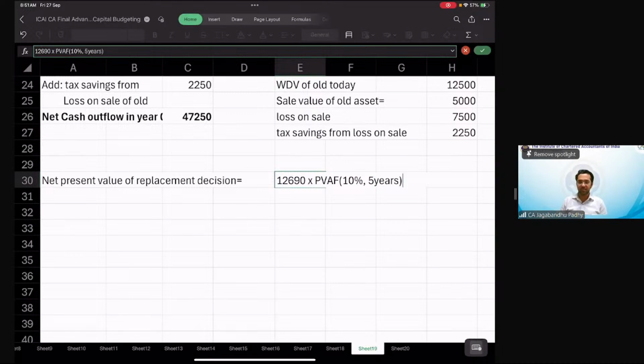Add to it 1,000 into present value factor at 10% for 5 years.